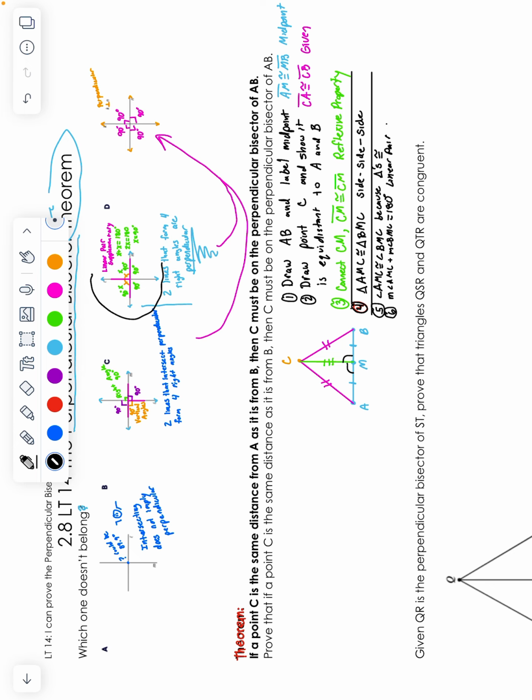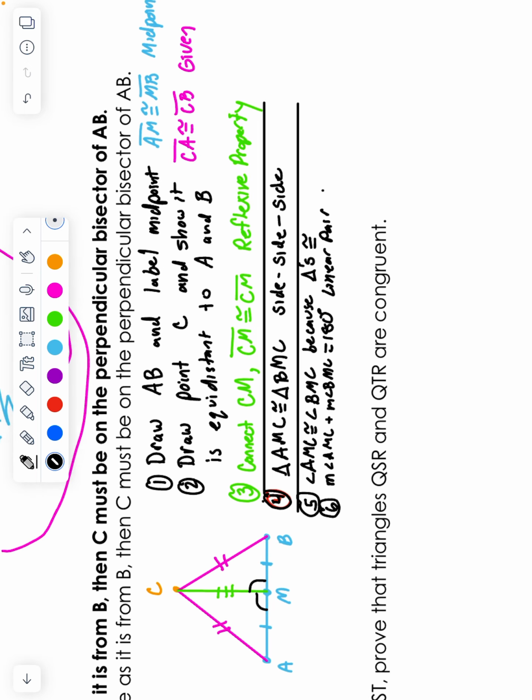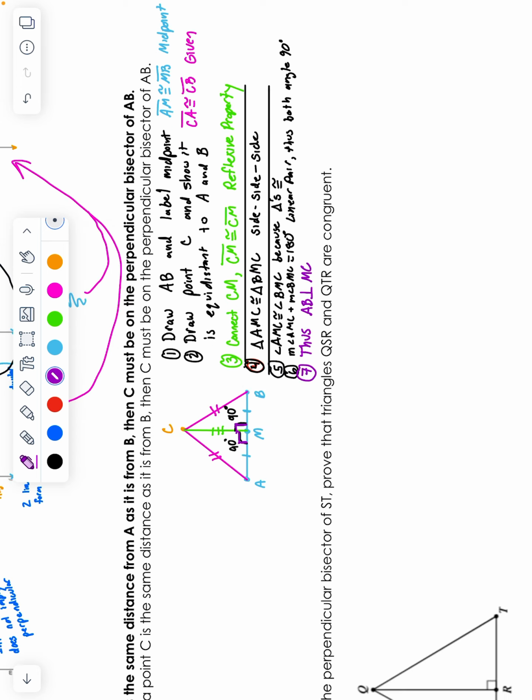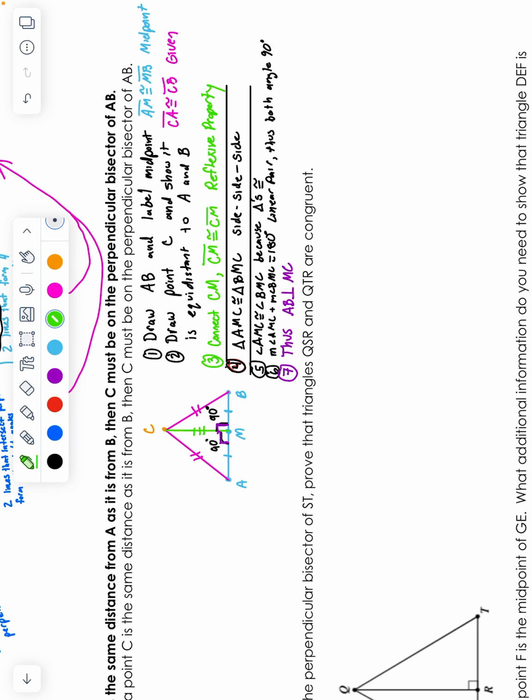We're using the same logic where we can say, thus, both angles are 90 degrees. We said that they're congruent, and they form a linear pair, so they must be 90 degrees. So specifically, the lines are perpendicular. Thus, AB is perpendicular to MC.